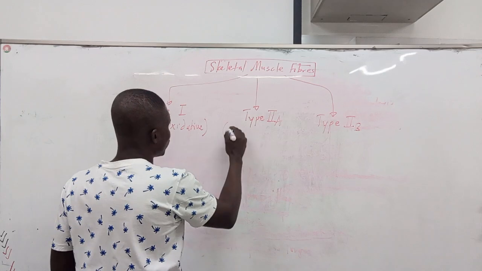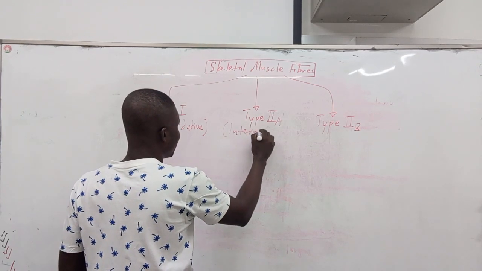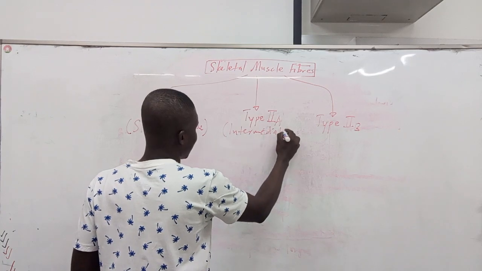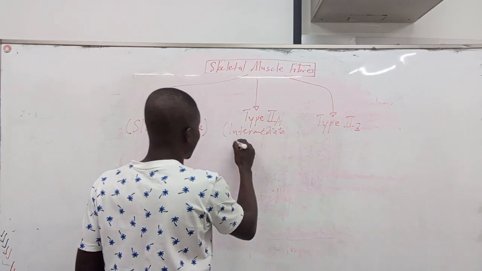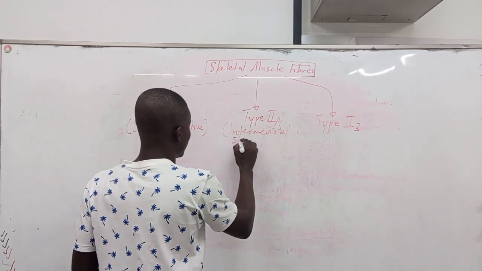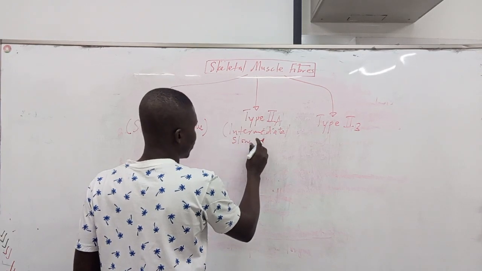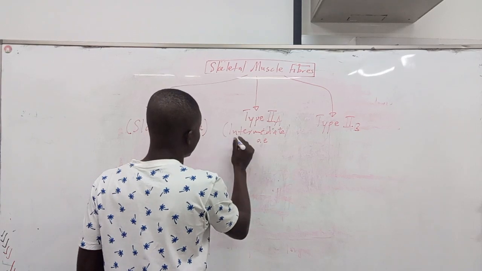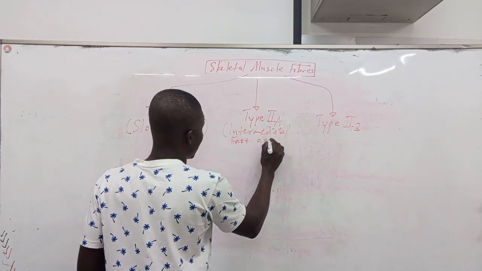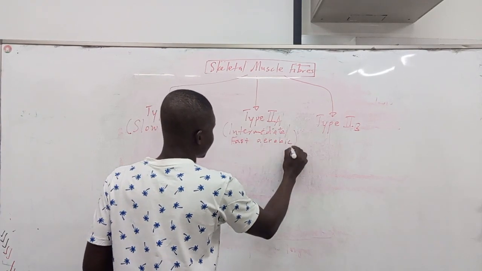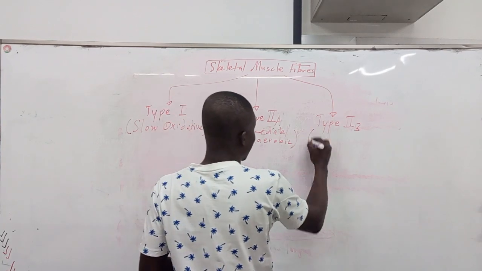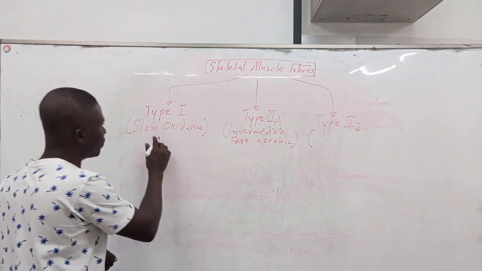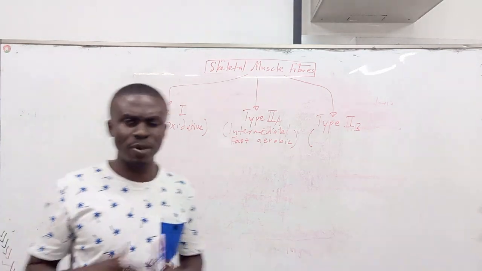Now, you may call this one intermediate, having the intermediate fibers, okay? Or you can say fast aerobic. And then this one is having a lot of myoglobin, a lot of mitochondria.